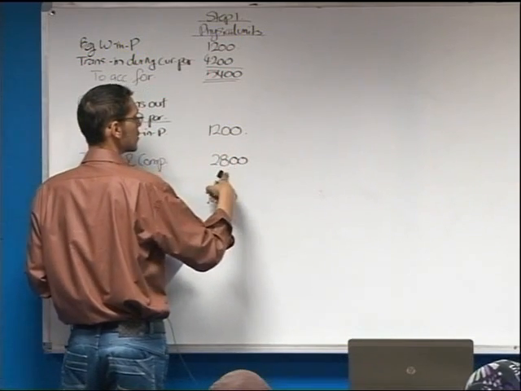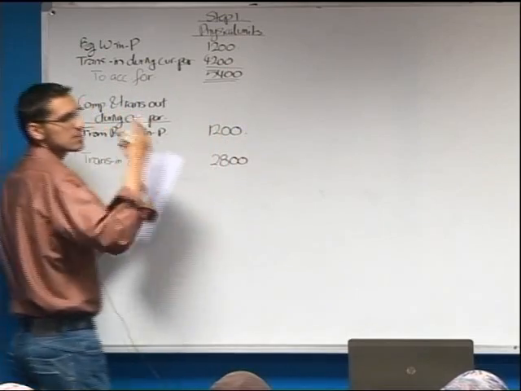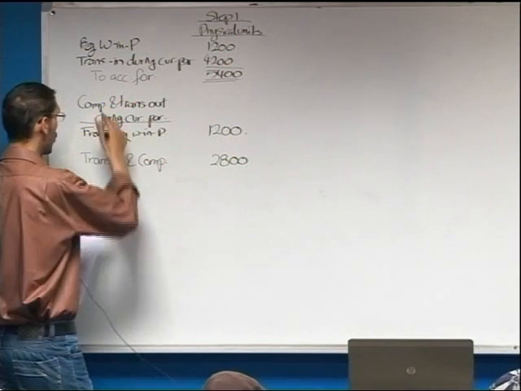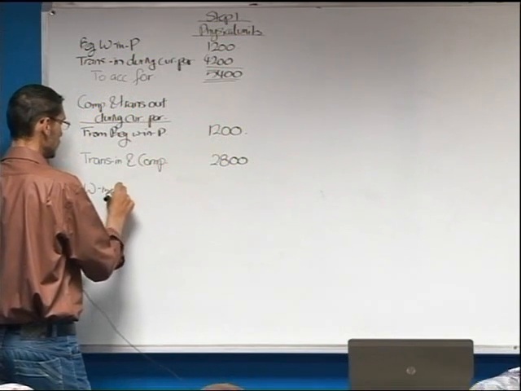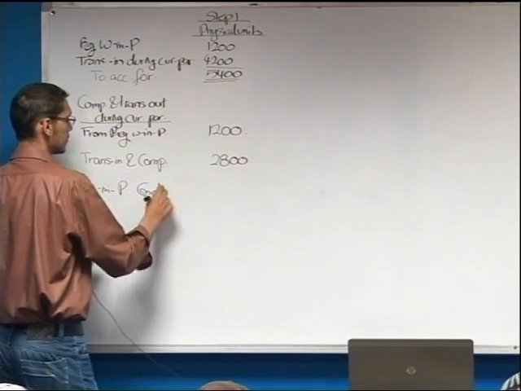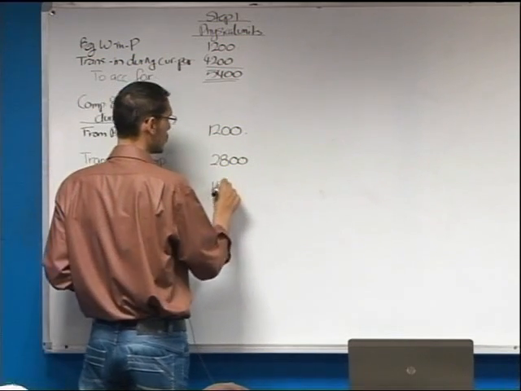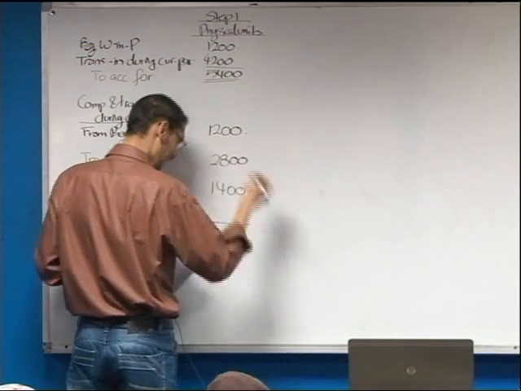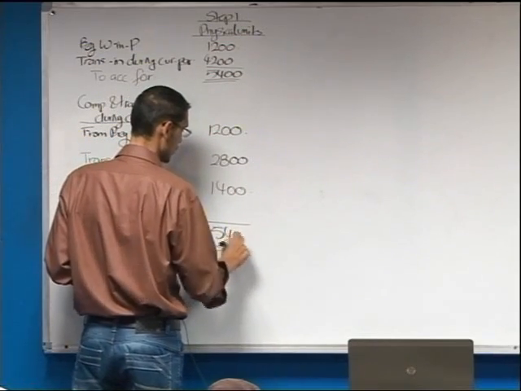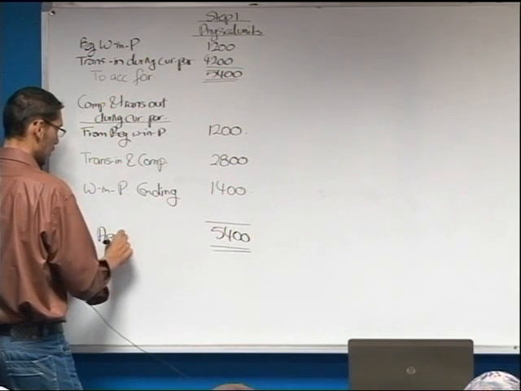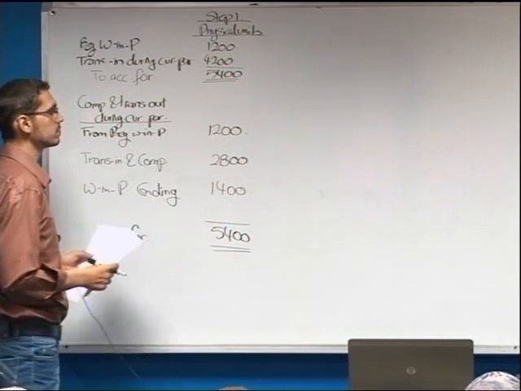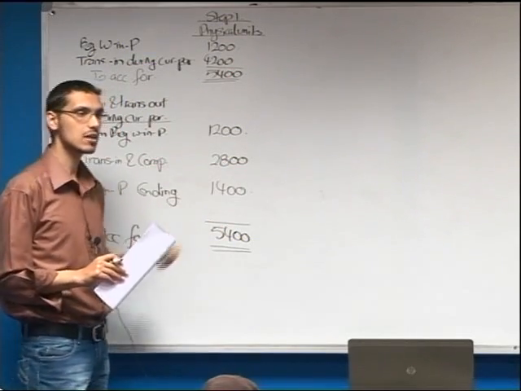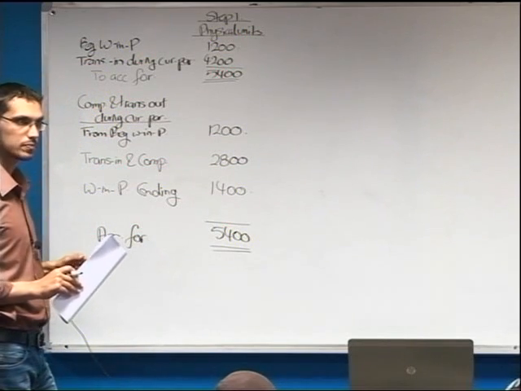Of course, as we can see, 2,800 plus 1,200 is the 4,000. It is the same 4,000 that was given in the question. And at last, the work in process ending would be the same 1,400 without any problems. Therefore, the total physical units that has been accounted for is 5,400. These are the accounted for units. Of course, as we can see here, the 5,400 to account for is the same as the 5,400 accounted for.